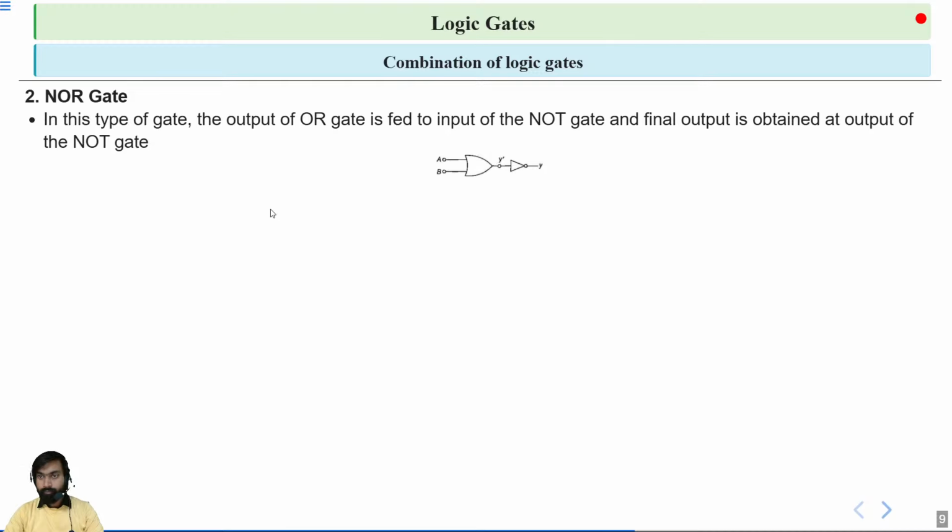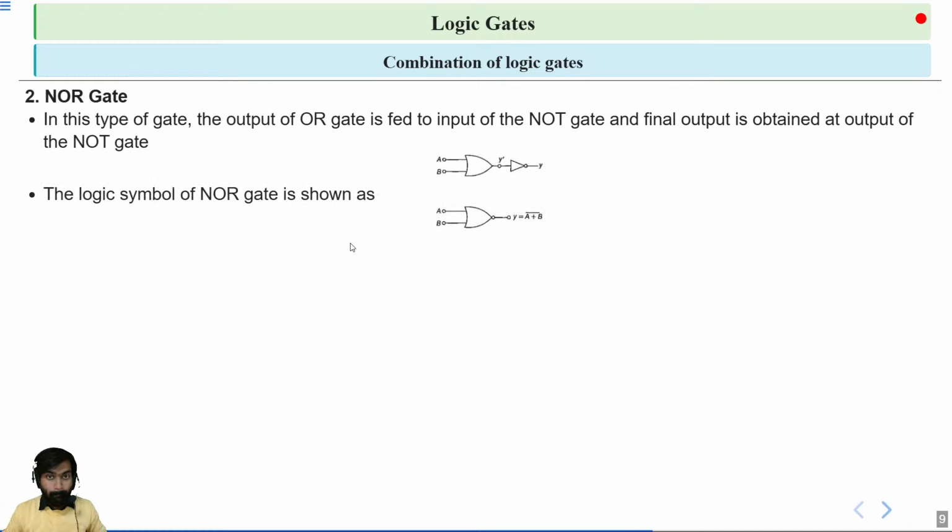Look at here. This is the symbol of the NOR gate. Like a NAND gate, the NOR gate is also a universal gate, meaning that any other logic gate can be constructed using NOR gates.